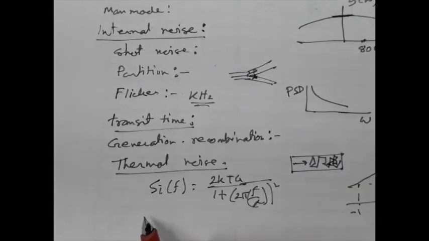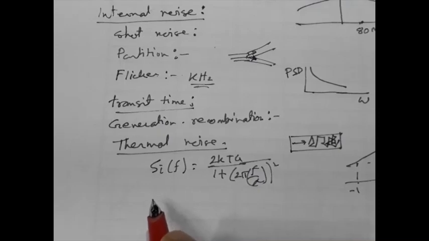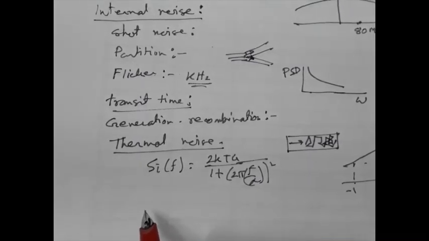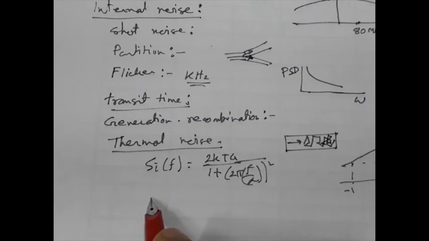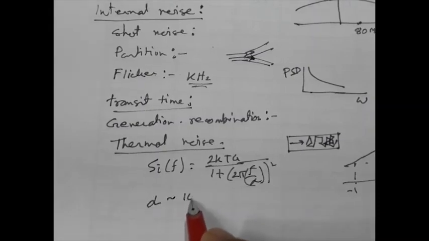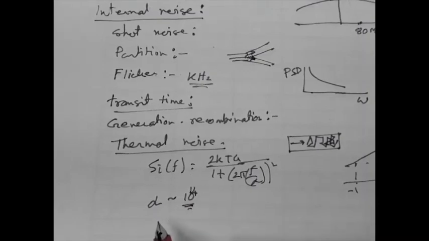Here k is the Boltzmann constant, T is the absolute temperature, and G is the conductance of the resistor. Alpha is the average number of collisions per second of an electron, and alpha may be of the order of 10 to the power 14 or so.